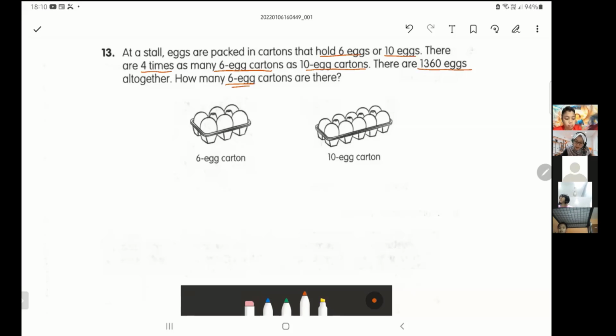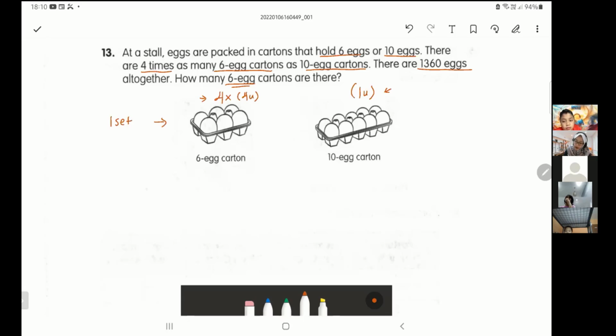Okay, so let's find in one set. One set means the egg carton, the 6 egg carton, and the 10 egg carton. So remember, the 6 egg carton got 4 times or 4 units. This one is 1 unit only, like that. Okay, so in one set, you have to comprise of this one and this one.